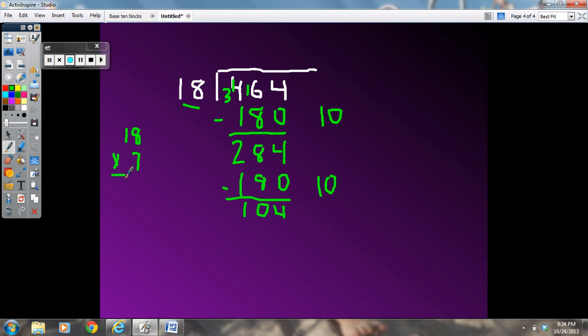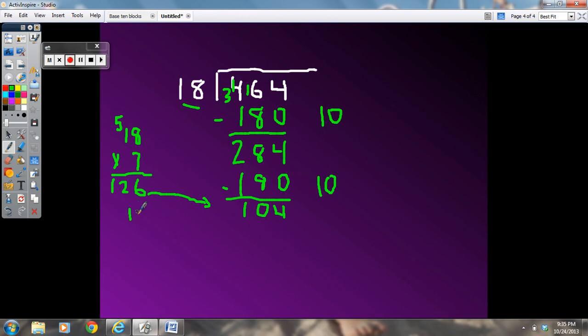And if I made 7 groups of 18, I want to see how many blocks I would have used. So if I make 7 groups of 18, I multiply 18 times 7, and I would get 126. I could see if I made 7 groups of 18, I would use 126 ones blocks. I only have 104 ones blocks, so that's not going to work out.